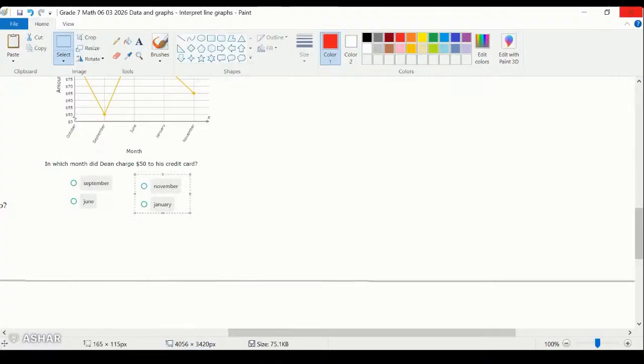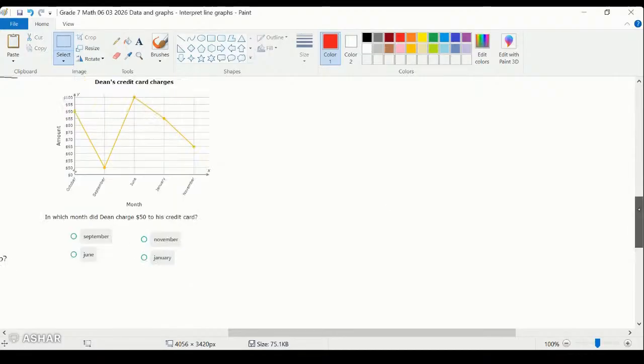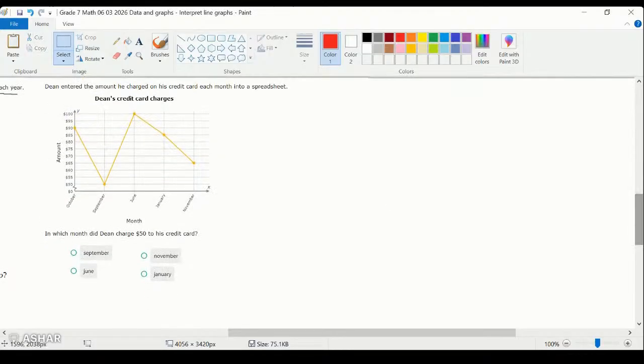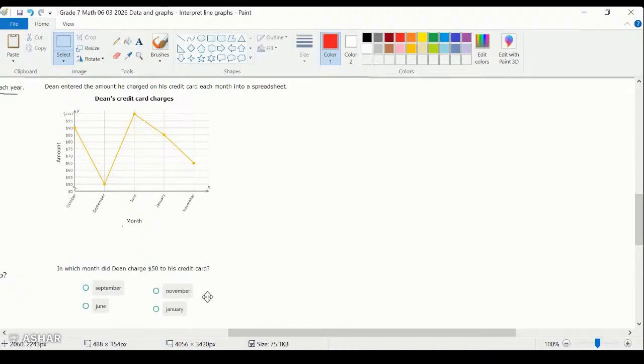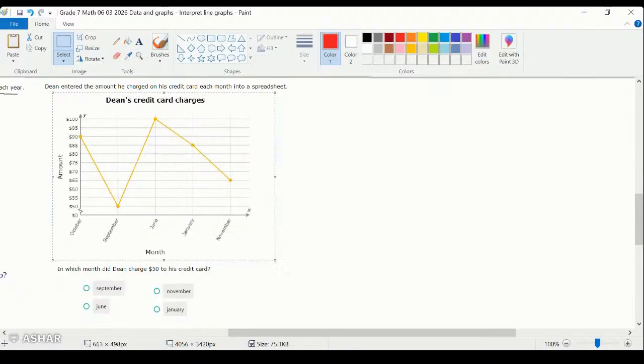Okay, these are the months given to us. Let's resize so that it's readable. This is our question number 1 from the test.